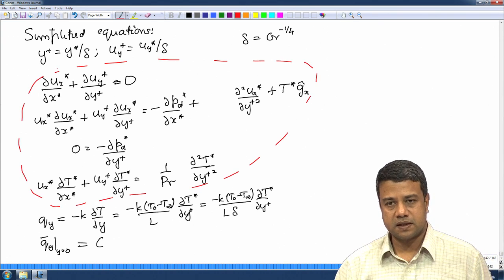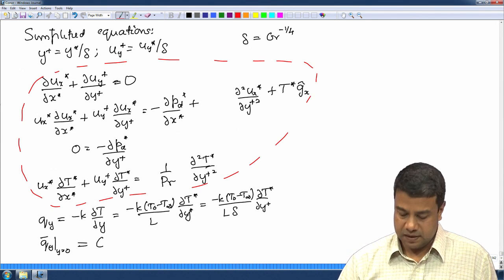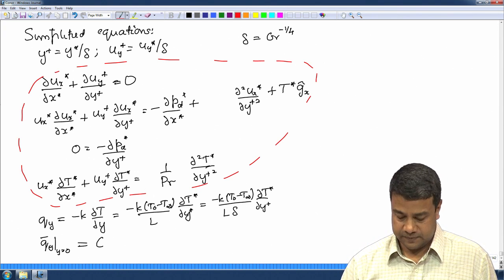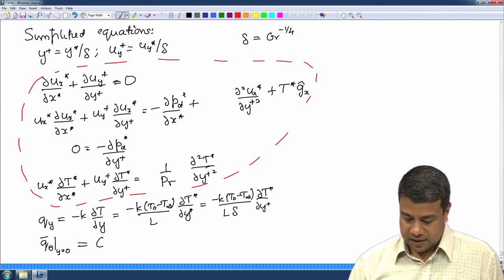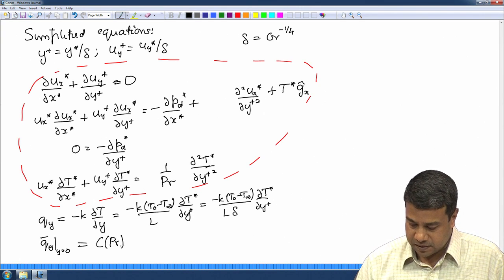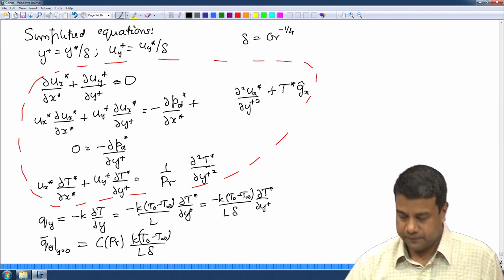These scaled equations contain only one parameter, that is the Prandtl number. The Grashof number has been absorbed into the boundary layer thickness. So, there is only one dimensionless number that is remaining, and that is the Prandtl number. So, the average flux can at most depend upon some constant which depends on the Prandtl number, times k t naught minus t infinity by L delta.